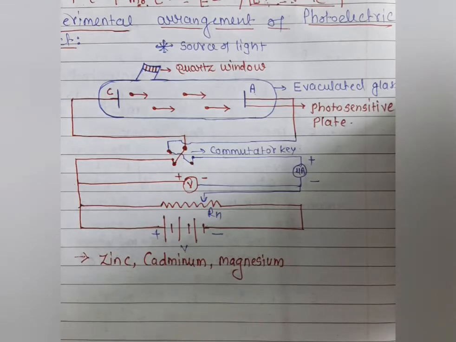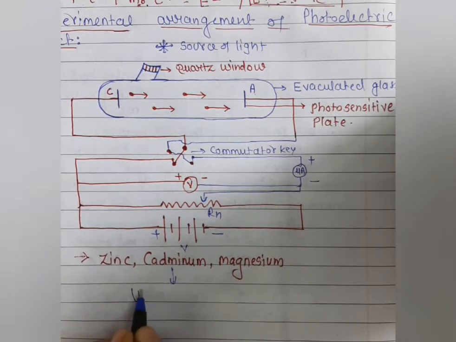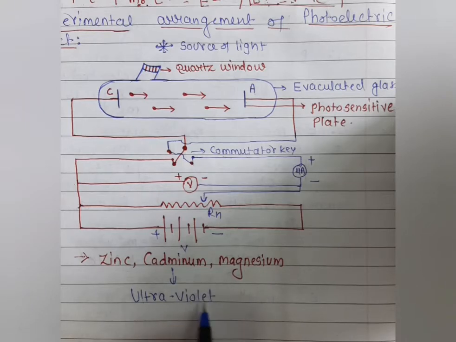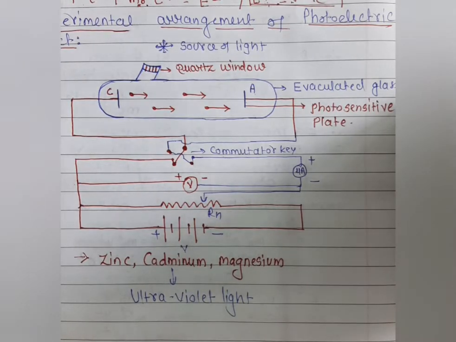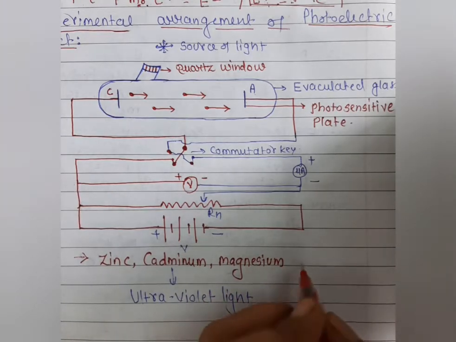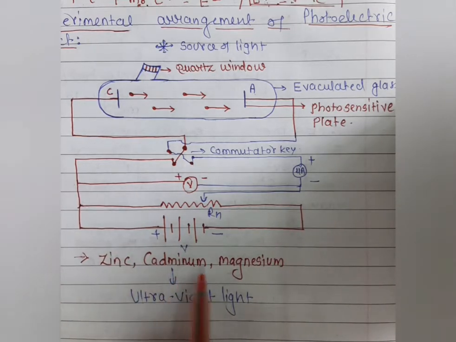All of these respond when ultraviolet light falls on the surface of the metal. This light has a large work function. All these points are very important to understand this concept, students. Zinc, cadmium, magnesium we can consider as hard metals.